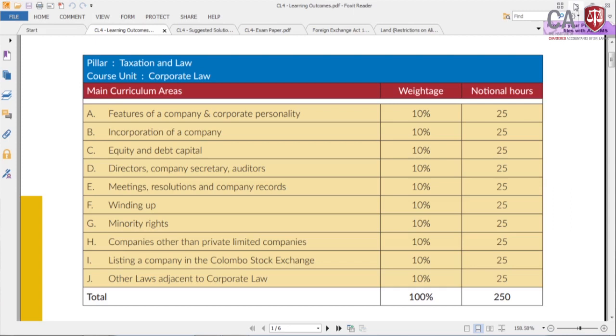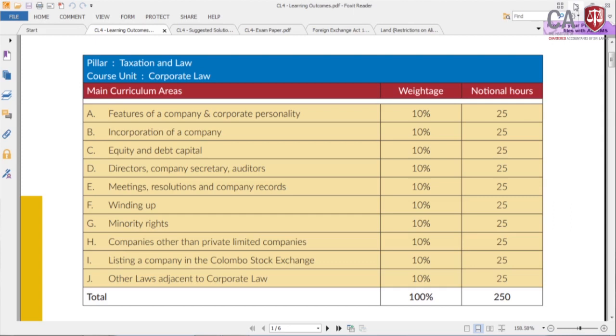Then equity and debt capital, directors, company secretaries, auditors, I have extensively dealt with this area. Then meetings, resolutions and company records also I have extensively dealt with. The winding up processes, I have extensively dealt with this area as well. Then the minority rights of shareholders, companies other than private limited companies, such as public companies, guaranteed companies and so forth.